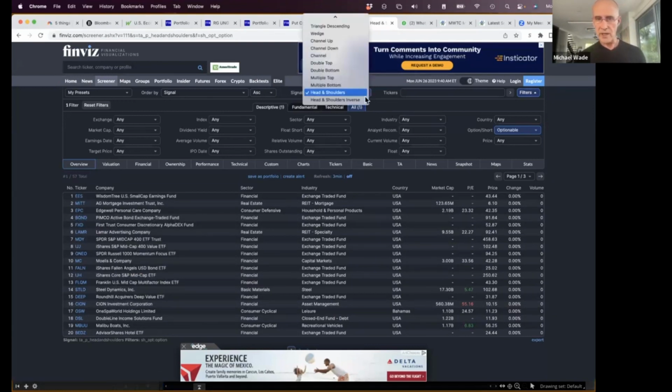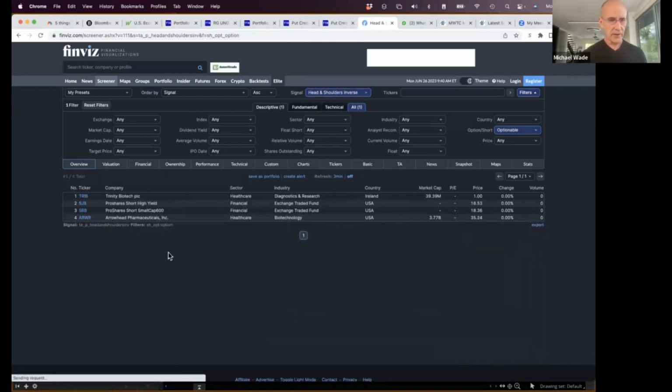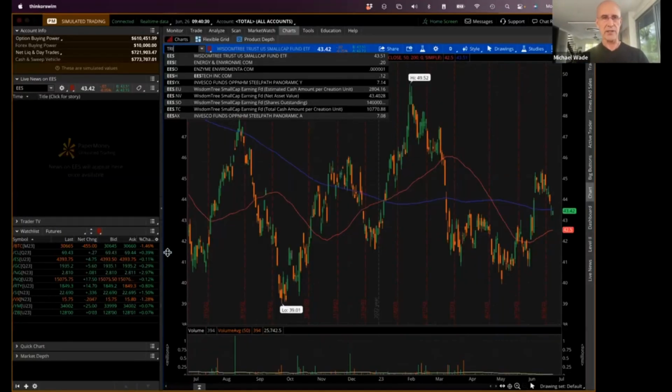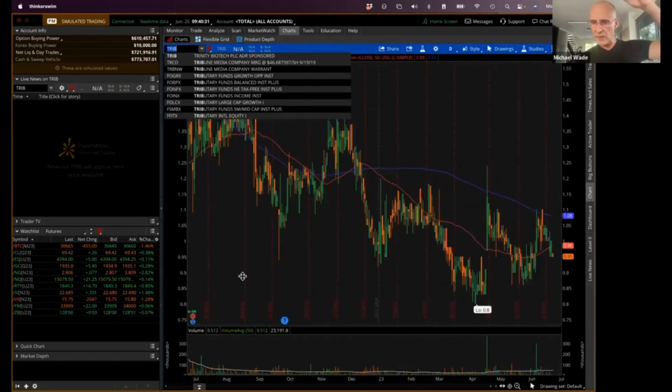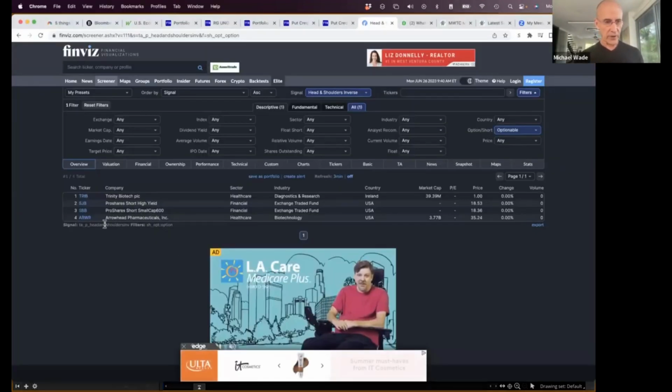If you want to look for stocks that are bottoming though, here's a few here. TRIB. So this is an upside down head and shoulders pattern. Let's look at TRIB. This is a great pattern if you can find them. Usually I find them because I just see them looking at stock charts randomly, but I really love that this is available for us.